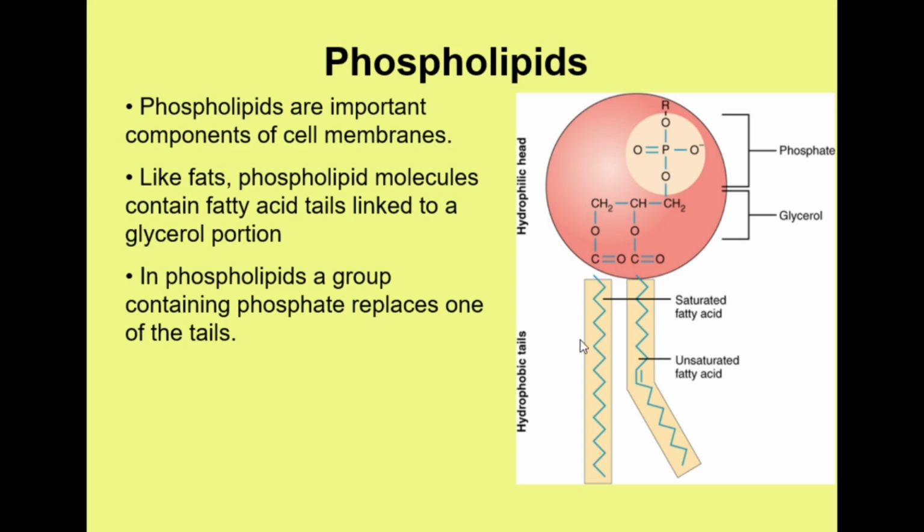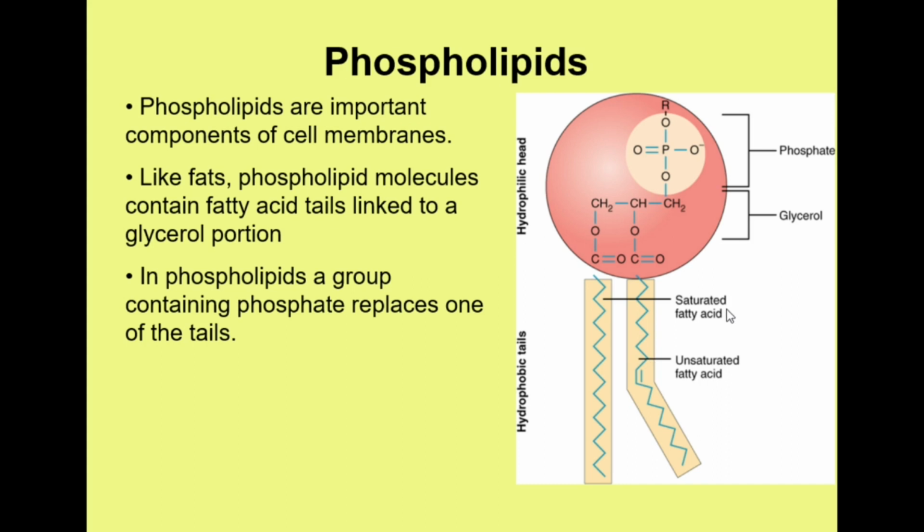And then coming off of that glycerol molecule, we have two fatty acids. So we can see a saturated fatty acid here that's nice and straight. We can see an unsaturated fatty acid here. You can see the double lines here showing us that it's a double covalent bond between the carbons there. So that one has a kink in it. So we have two fatty acid chains.